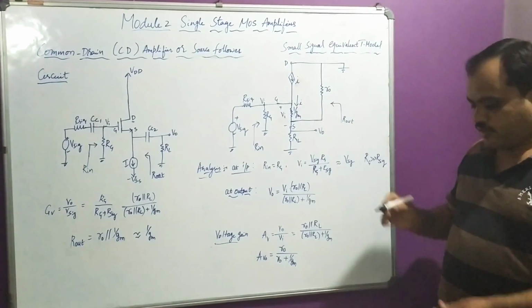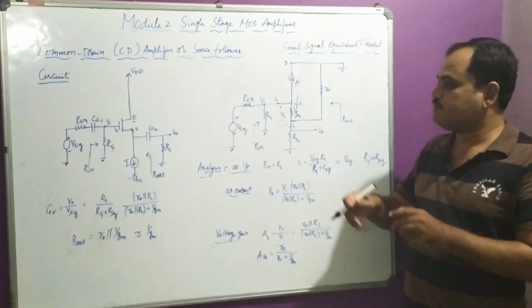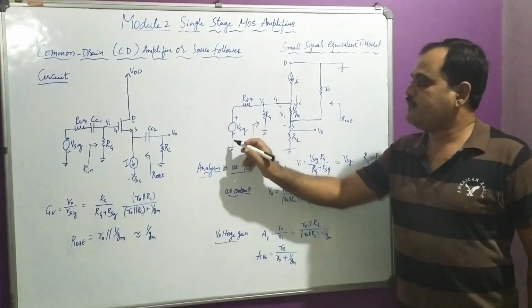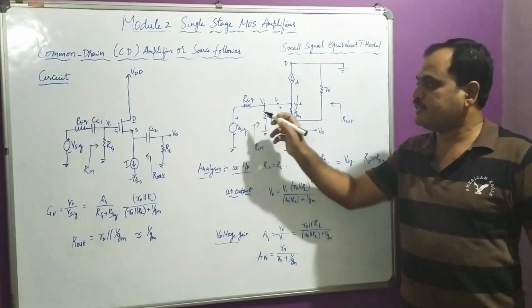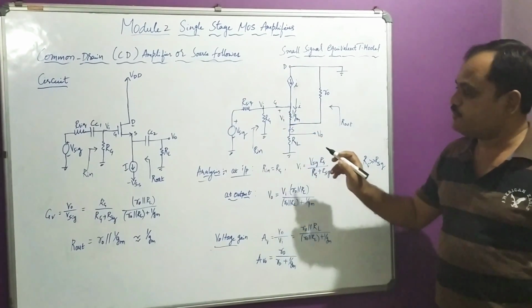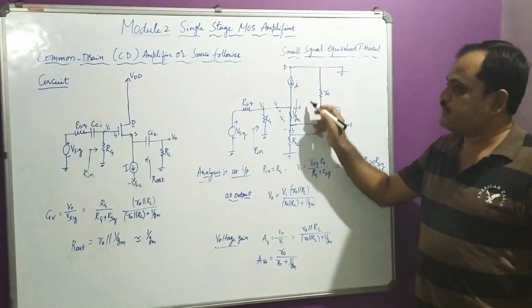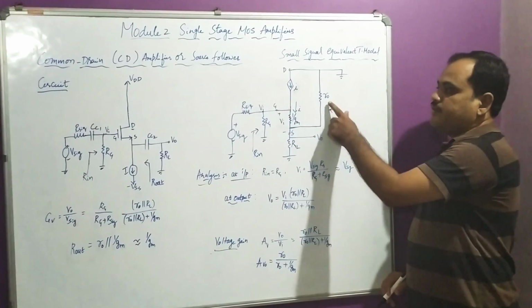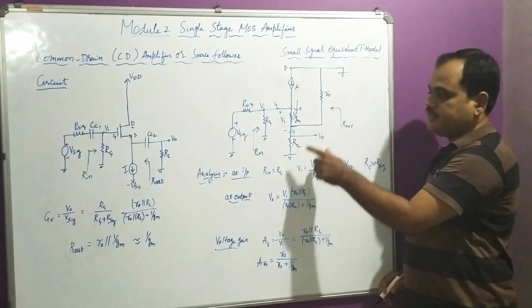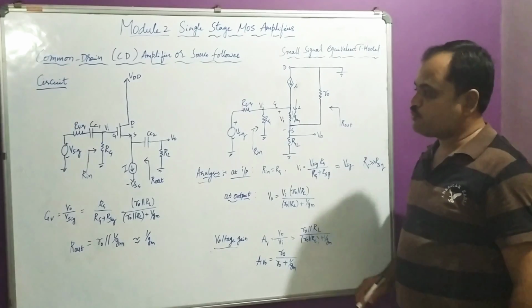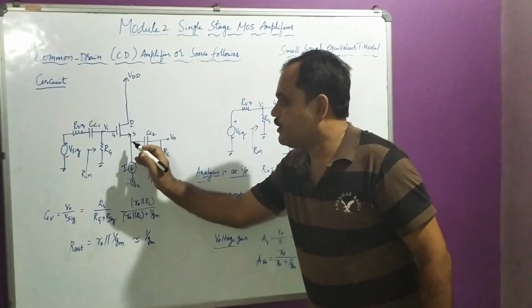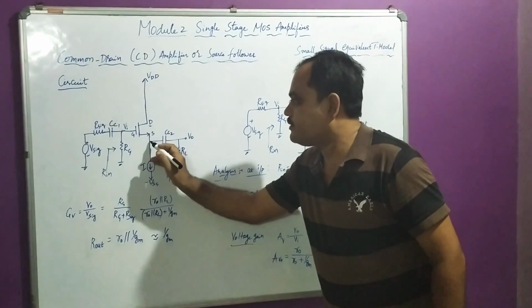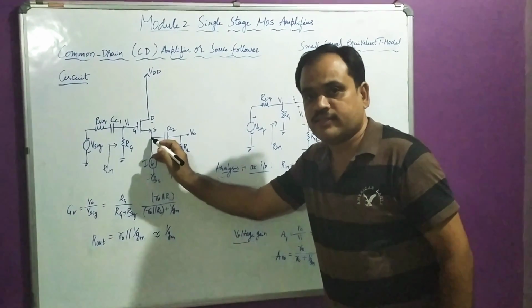Now you can observe the remaining parts are the same. At the input side, I have V signal, R signal, the coupling capacitor is shorted, and RG is available. This is the MOSFET's small signal equivalent model, and this is because of channel length modulation. Now observe, this is the most important part. The output is connected across the source terminal.